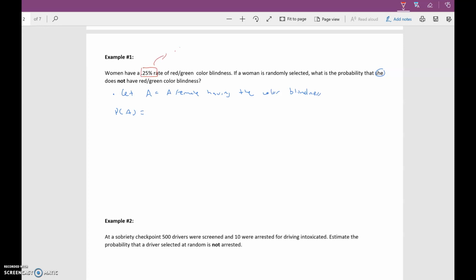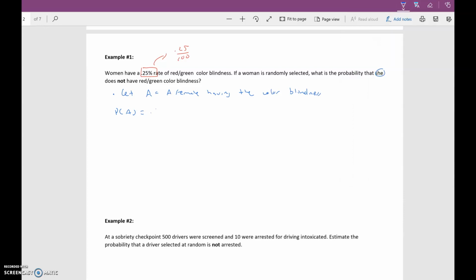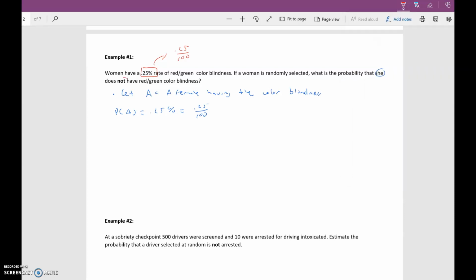As a decimal, this is 0.25 over 100. We'll punch it in as a decimal in a minute once we evaluate the event. What the problem is actually asking is not the probability that a female is going to be colorblind, but the probability that she's not going to be colorblind.